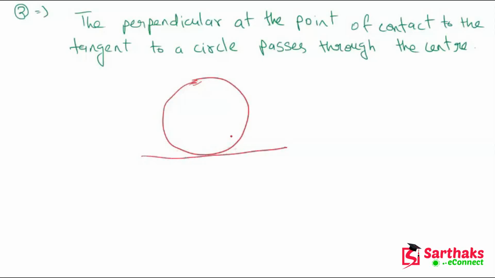So this is the point of contact, and the perpendicular from this point of contact, this is the perpendicular line, is passing through the center of the circle. Okay, my dear friends, I hope you get this point. So now let's move on.